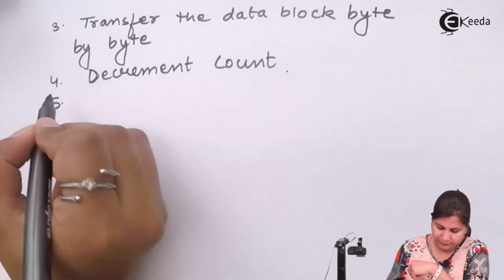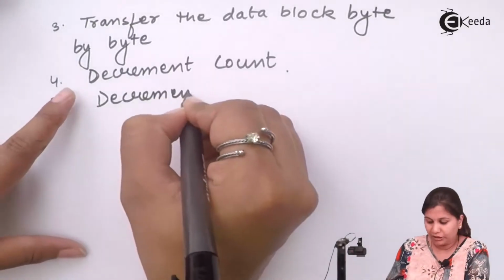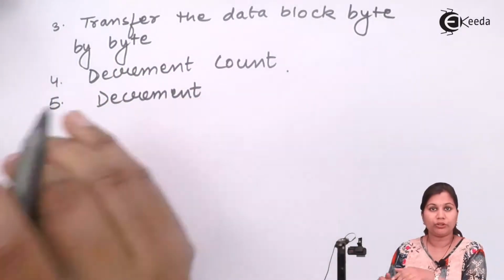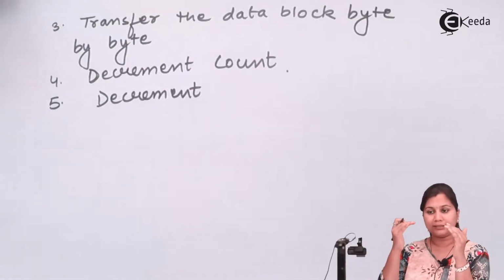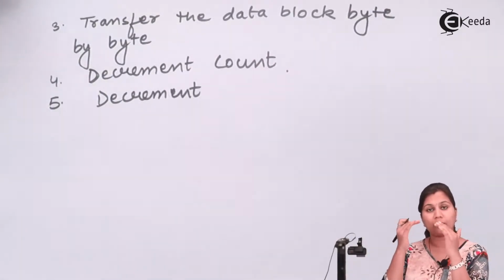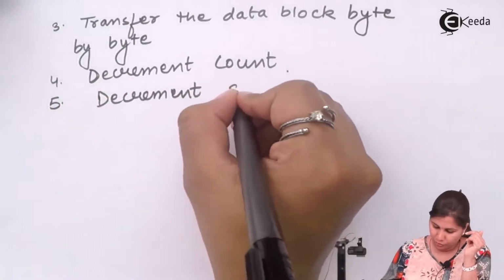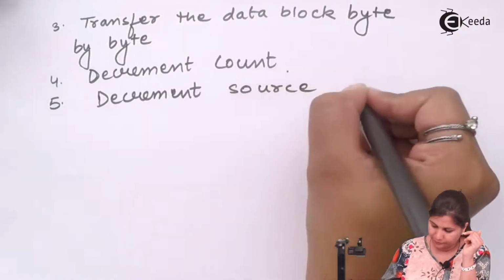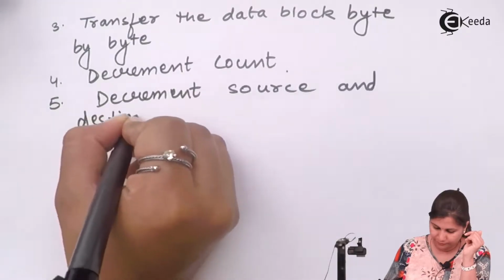After we decrement the count, we have to decrement the source and destination addresses also, so that the transfer takes place at the next memory location. So decrement the source and destination pointers.